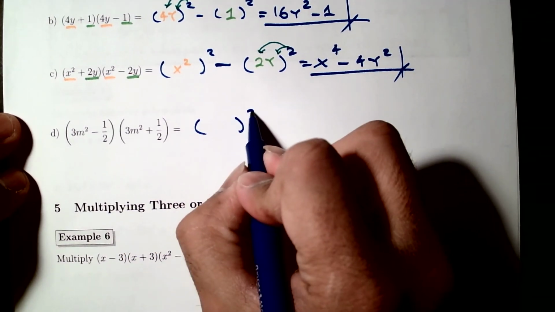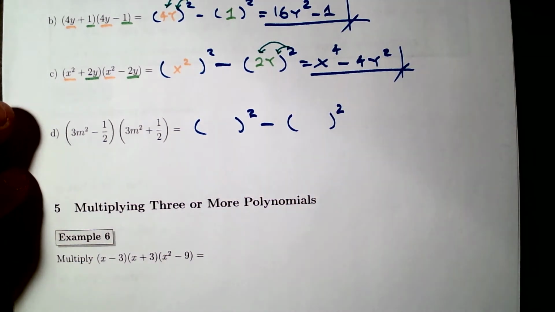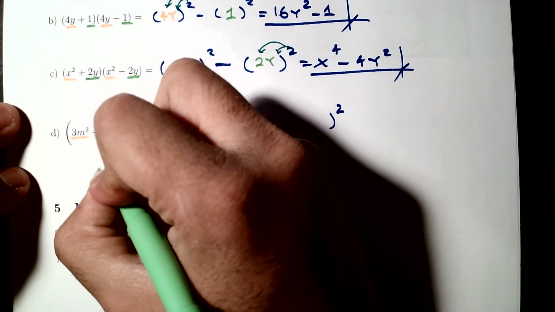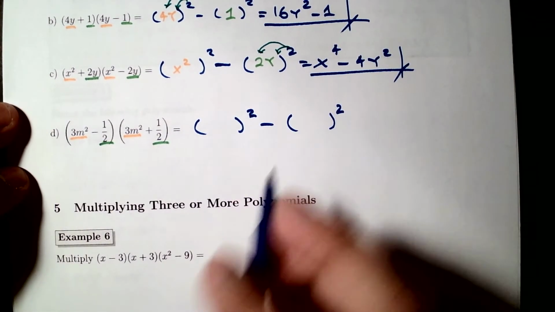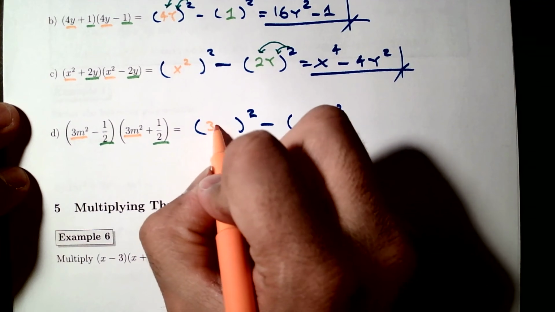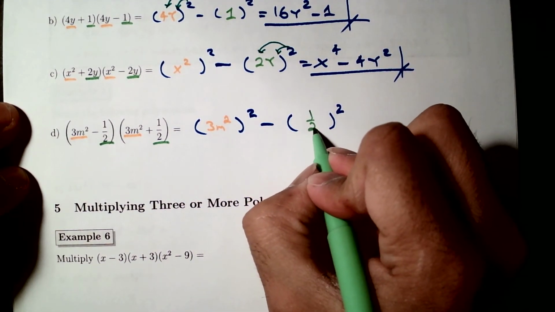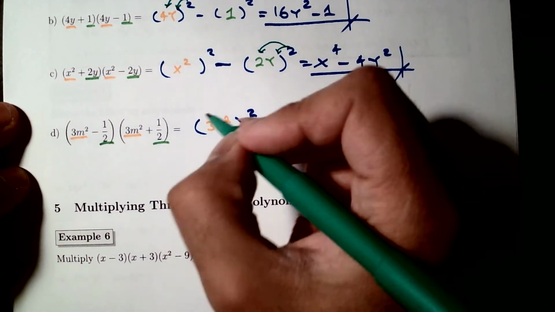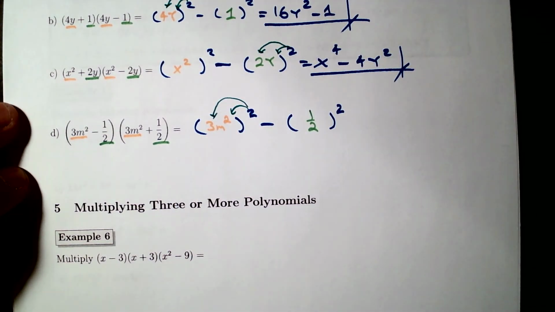And one last one over here. Quantity squared minus quantity squared. So this will be 3m squared and 1/2. Again, keep in mind that the power affects both the coefficient and the variable term.